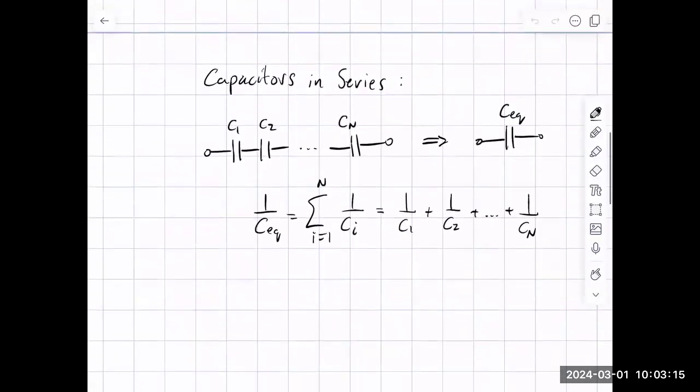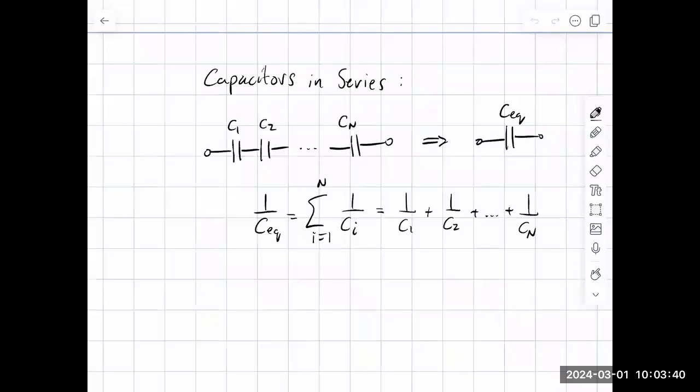We also talked about capacitors in series. In this case, you take capacitors and you line them up in a row, and you hook them up so that the left plate of capacitor 2 is connected to the right plate of capacitor 1, and so on down the line. That was a series combination.